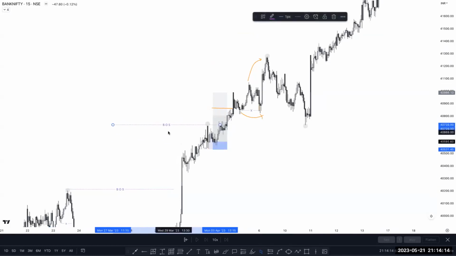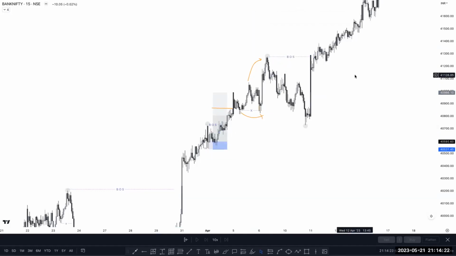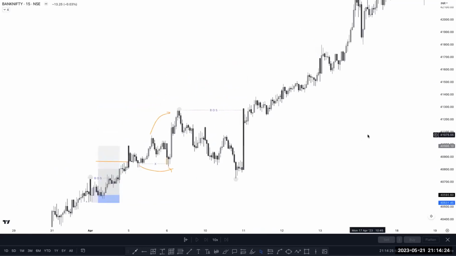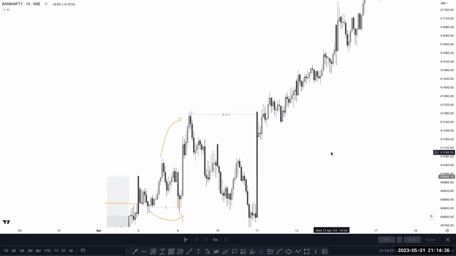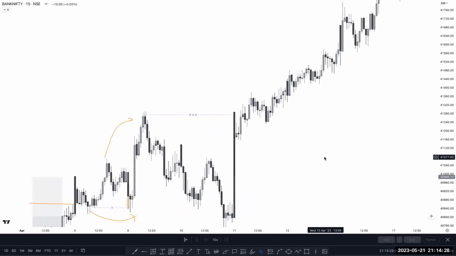This point becomes our break of structure here. This one is also a break of structure. And after break of structure, how can you deal in this situation? Simply, you have to do a similar thing: after taking out the inducement, we can buy.